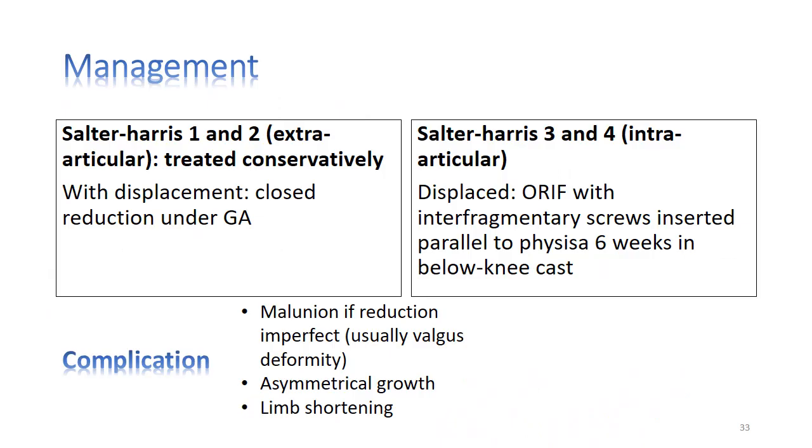For the management, it is divided into Salter-Harris 1 and 2, and Salter-Harris 3 and 4. Salter-Harris 1 and 2 are extra-articular, so we can treat them conservatively. We can give pain relievers and antibiotics. If there is displacement, we can do a closed reduction under general anaesthesia. The next one is Salter-Harris 3 and 4, which are intra-articular.